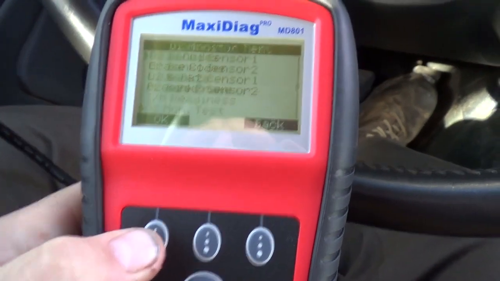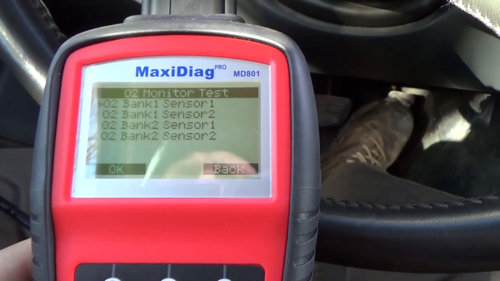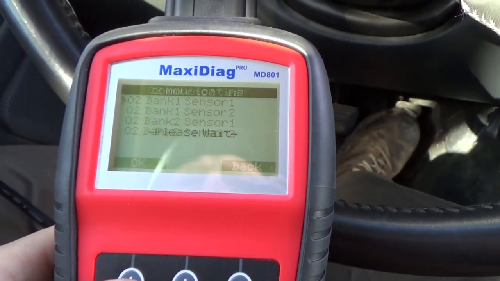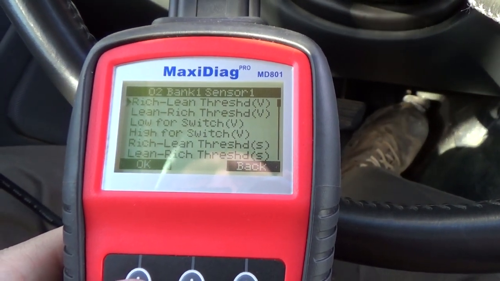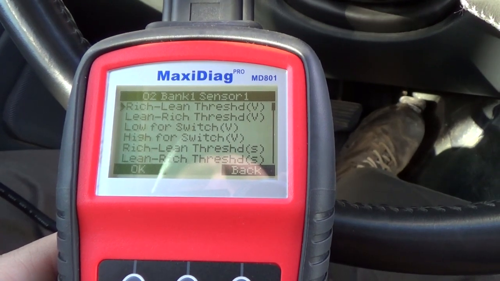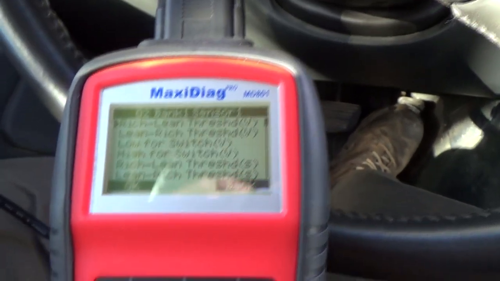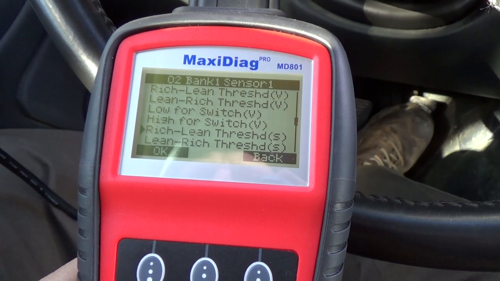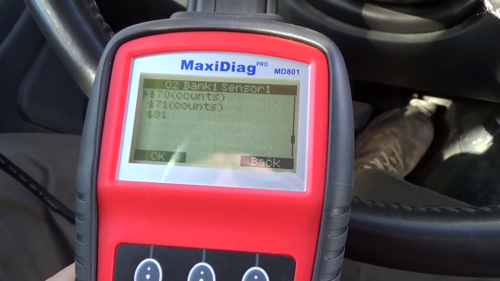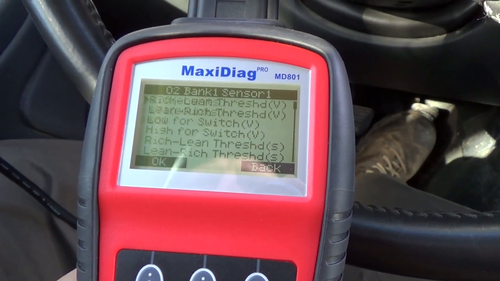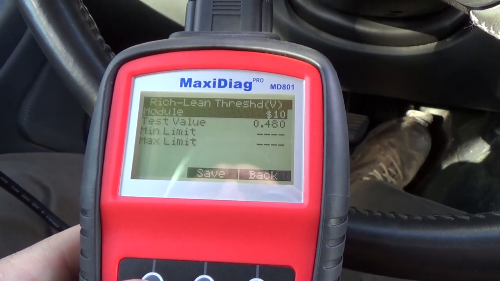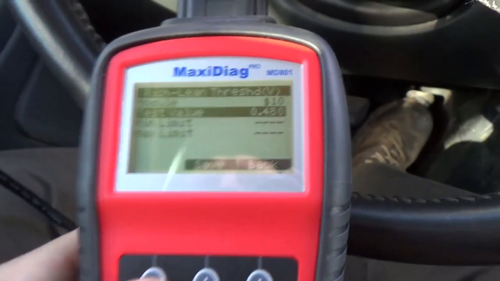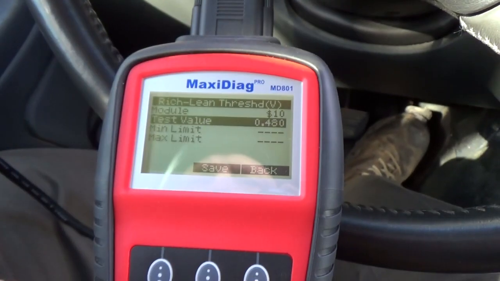O2 monitor testing. O2 bank 1 sensor 1. Please wait. No idea what half of this is either, boys.